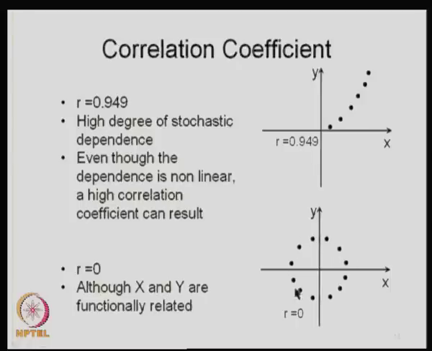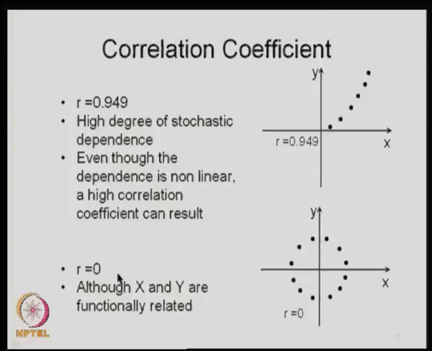You take the case of points lying on the periphery of a circle. There is a perfect functional relationship between x and y defined by the equation of the circle. However, the correlation coefficient will be 0 in this particular case, because there is a non-linear functional relationship and the correlation coefficient captures only the linear relationship.